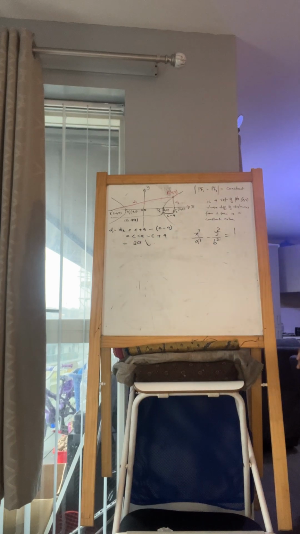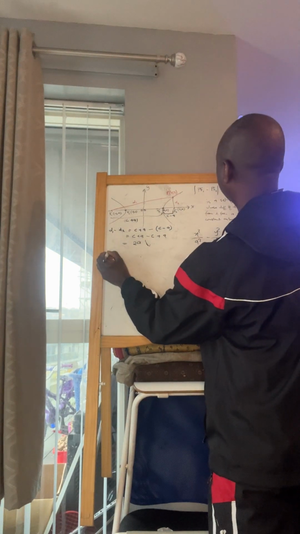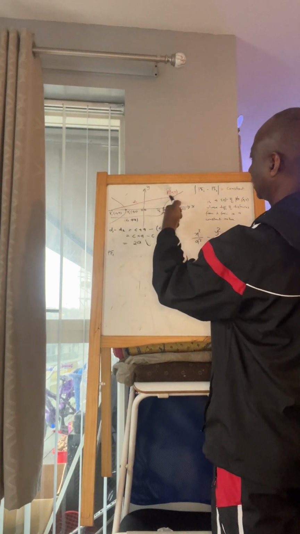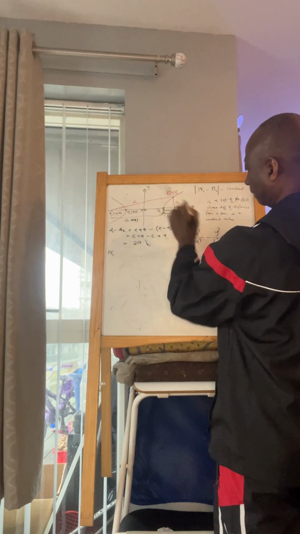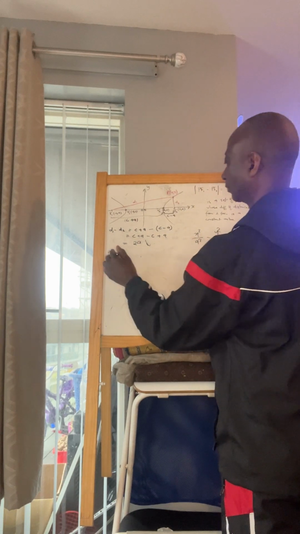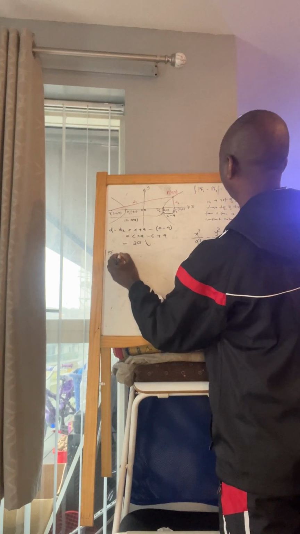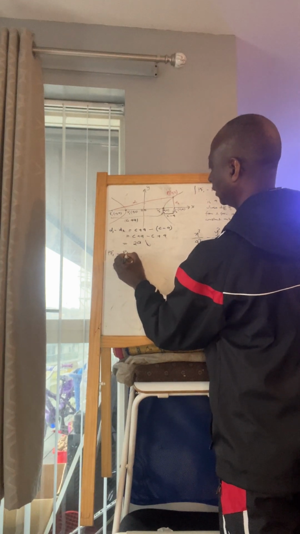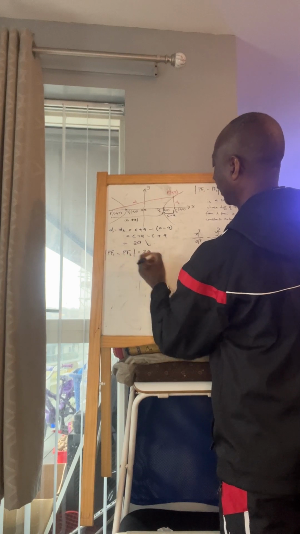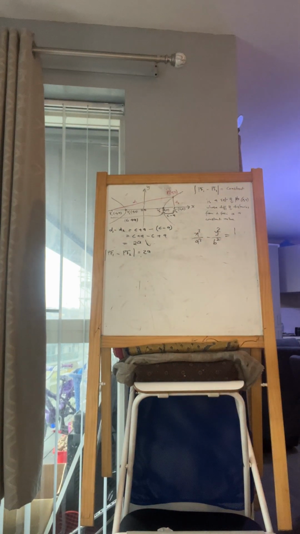So what is PF1? Let's start with PF1. This is F1, this is P. This is P here. What is that distance? Let's just say PF1 minus PF2 is now a constant 2A. Okay?